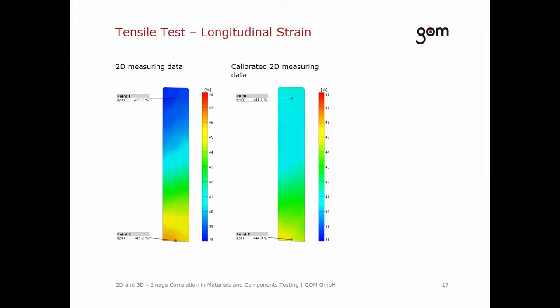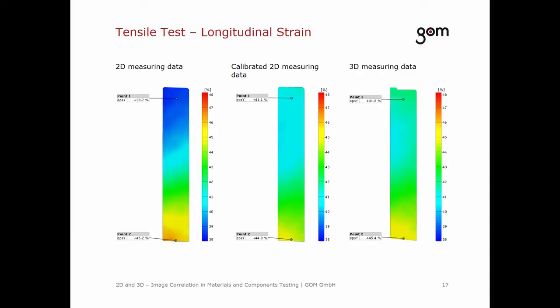When you compare both the results, you see that the result of the uncalibrated 2D measurement shows pseudostrain of about -3%. The pseudostrain results from the barrel distortion. Facets that move from the image center to the upper border are compressed.